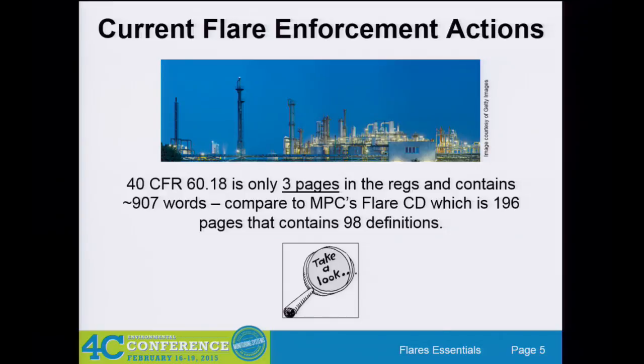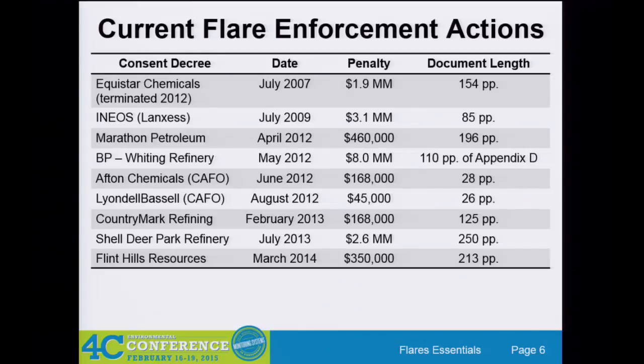They had other things to deal with, but the flare parts were 196 pages. And it had 98 definitions of terms. This is not uncommon. Here are all the other ones, and you can see page lengths compared to 3 pages for 60.18. So there's a lot more information and things you have to do around your flare.